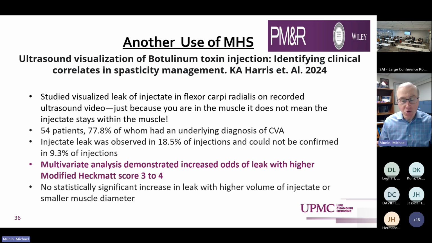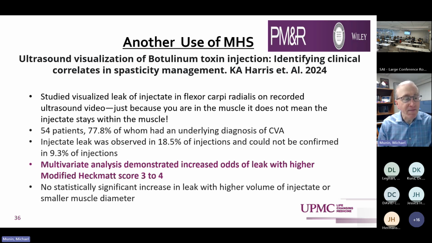Remember that whether you do blind or EMG or e-stim or whatever guided, or even ultrasound guided for that matter, even though you think you're injecting into the muscle you think it is, it doesn't mean the injectate stays there. It's amazing how the injectate spreads. What she was trying to see is, are there any factors that may influence the spread of toxin? It doesn't always stay where you think it's going to stay.